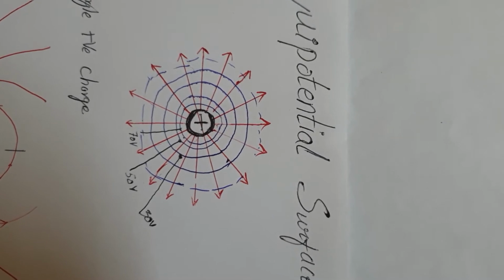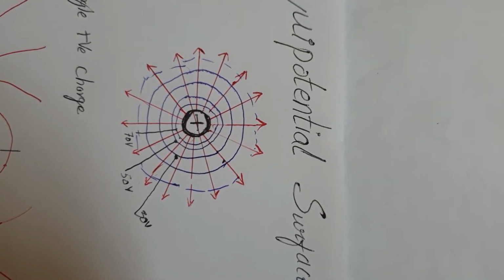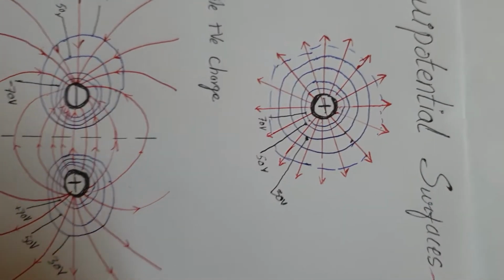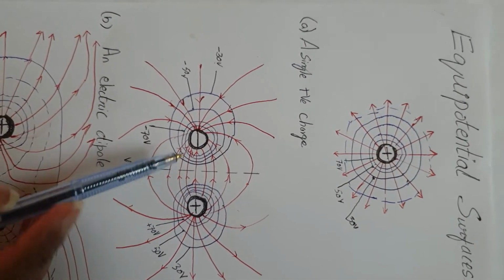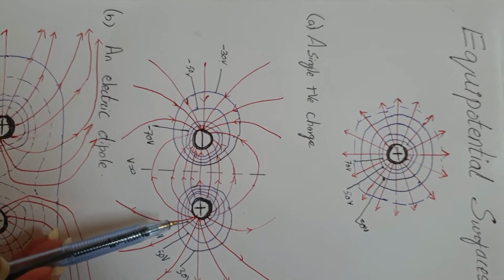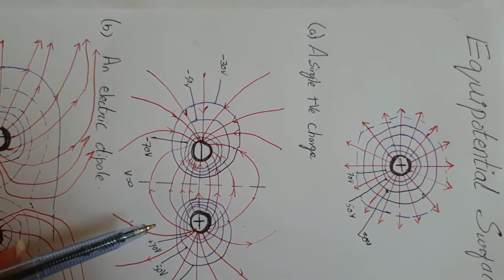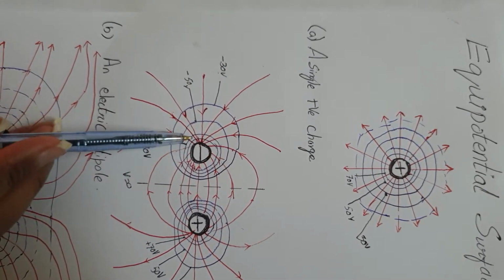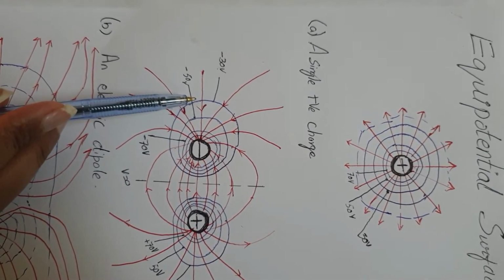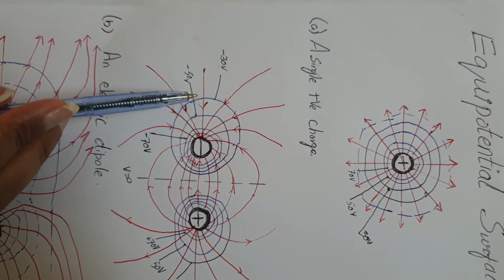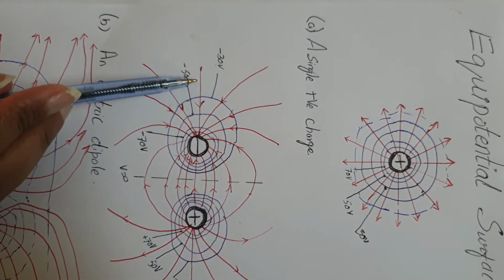Okay, now you can also see this in the case of an electric dipole. Here you can see that to the left side of the negative charge, the equipotential surface is at a larger distance.